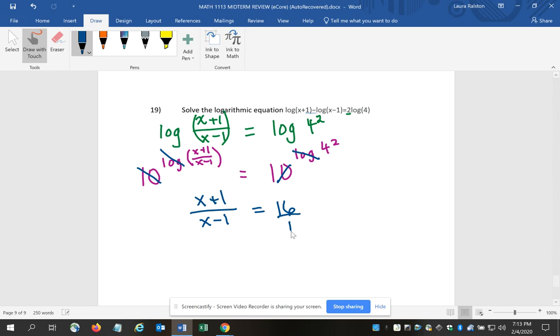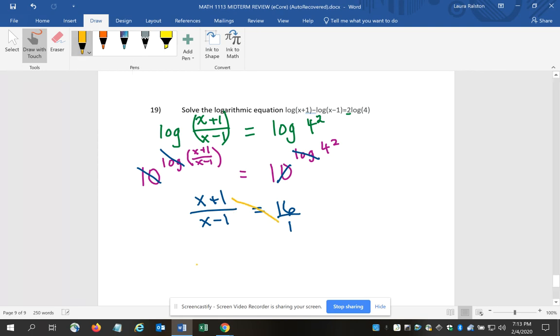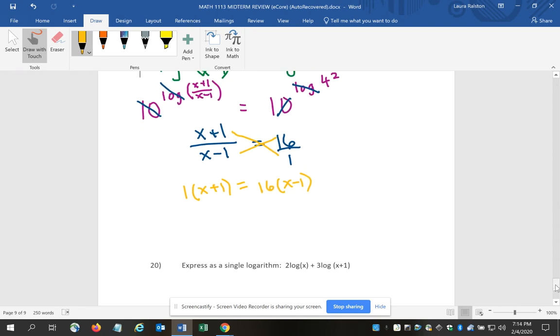If I write that as a fraction so that I have a fraction on the left and a fraction on the right, then we use the process called cross multiplying to actually solve this problem. So we would cross multiply 1 times x plus 1 is equal to 16 times x minus 1. And at that point, you have a reasonably straightforward algebra equation that hopefully you can solve.